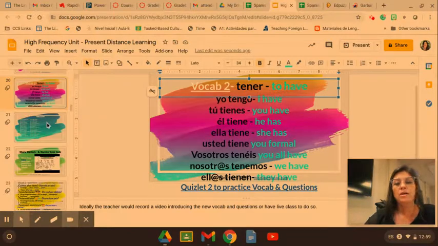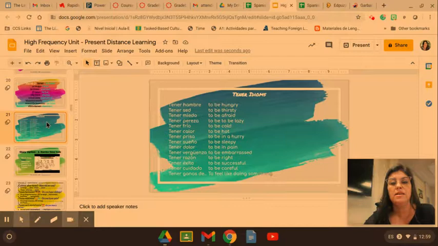So also we have several idioms with tener.